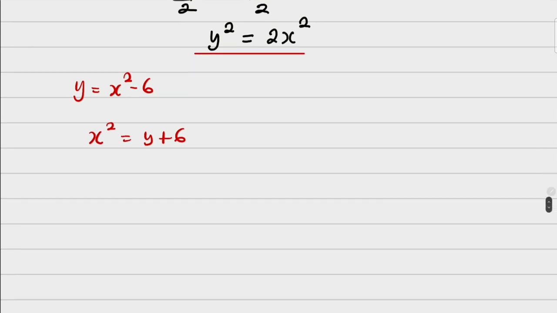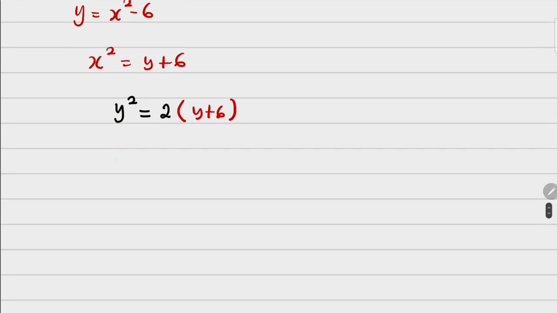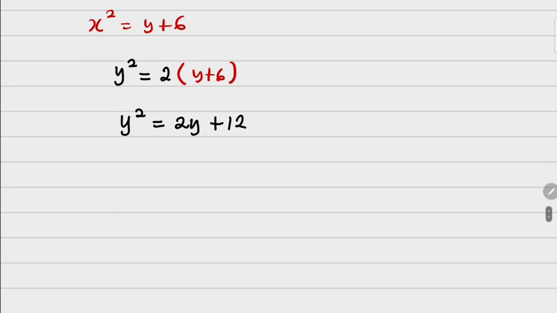So what I'm going to do is use this expression, y squared is equal to 2, then instead of x squared, I will now have y plus 6, okay? So having this, I'm going to have y squared is equal to 2y plus 12.